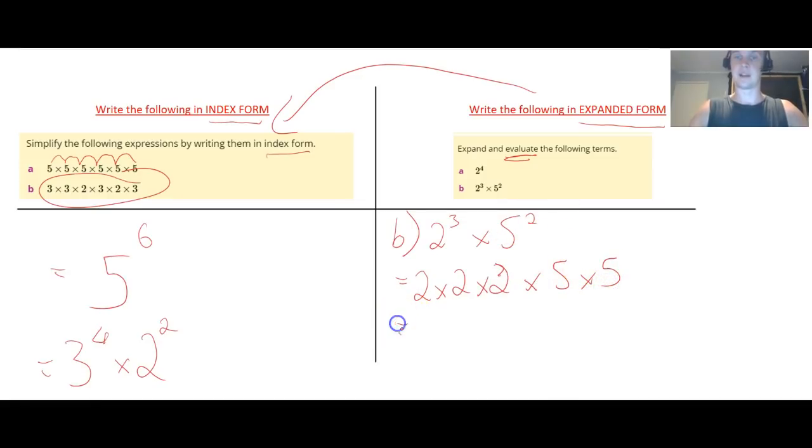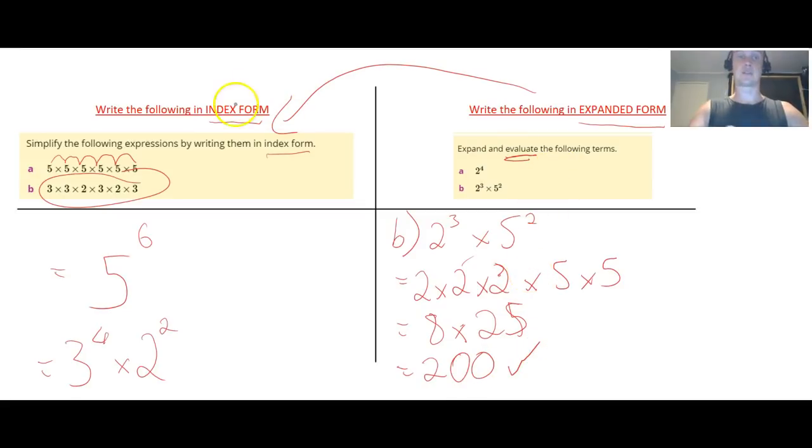Then we can evaluate. 2 times 2 is 4, times 2 is 8. Then 5 times 5 is 25. We just calculate 8 times 25. I know that 25 times 4 equals 100, so times 8 will be 200. So we've expanded and evaluated to get our answer.